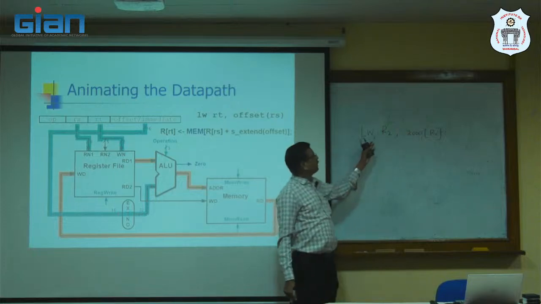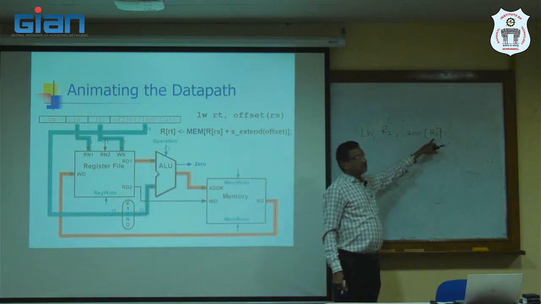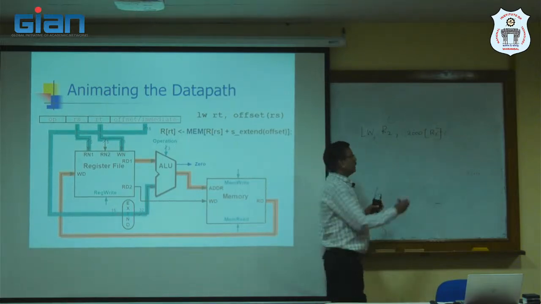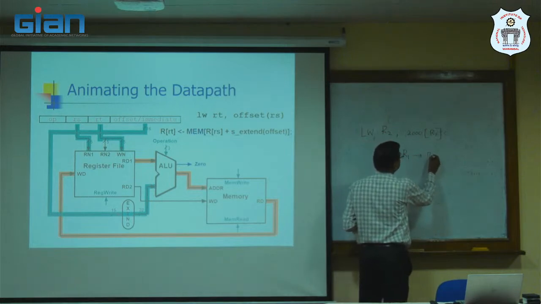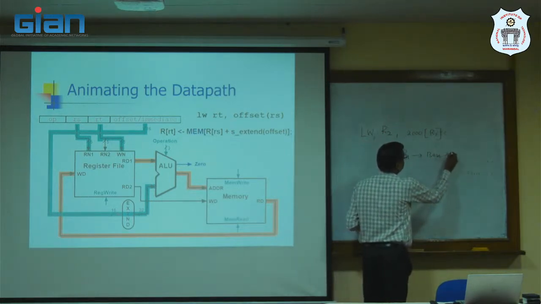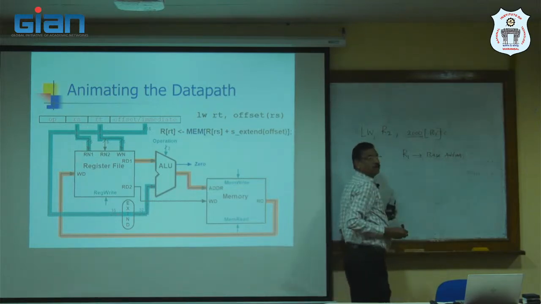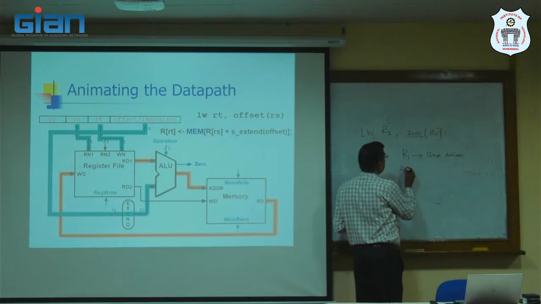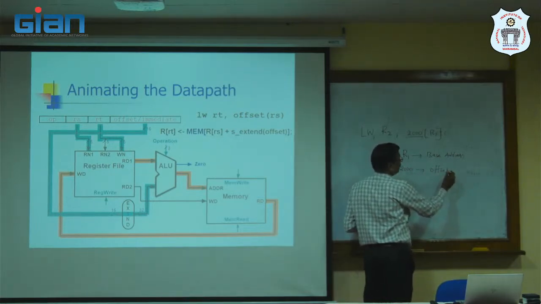The instruction template will be like this, okay? Load word R2 comma, offset address plus R1. So here the R1 register will indicate the base address of data memory. This is the base address, and this 2000 is the offset address.